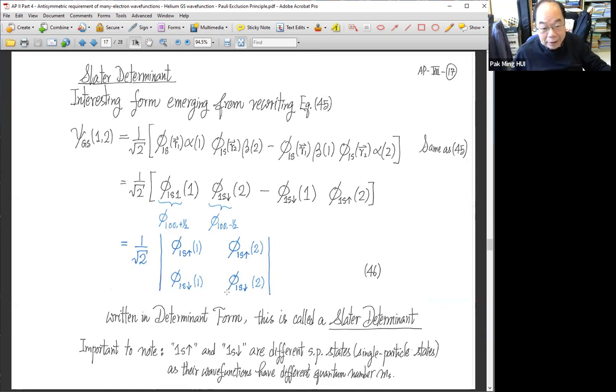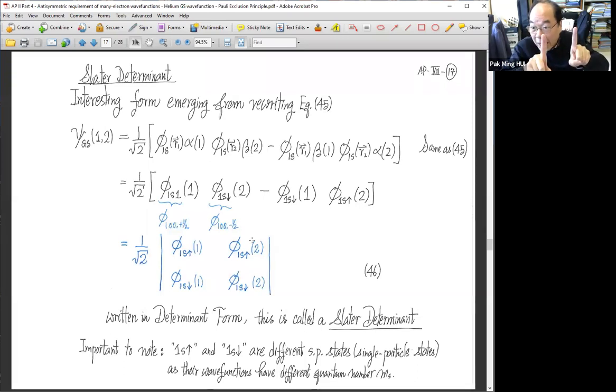Now, so let's go back to here. We can write it as a determinant. Now, if you know a little bit of determinant mathematics, you know this is automatically antisymmetric for the reason. If we switch the two electrons, it means write 1 into 2 and 2 into 1. Immediately you see it is equivalent to interchanging two columns, right?